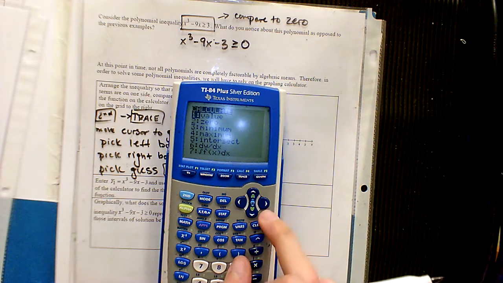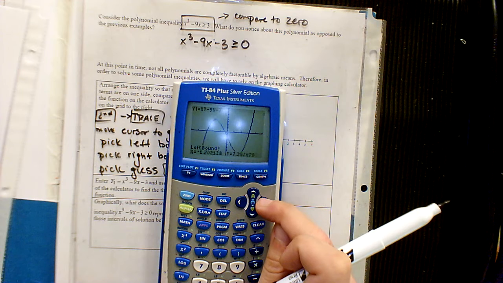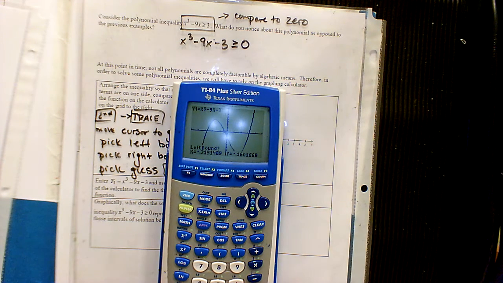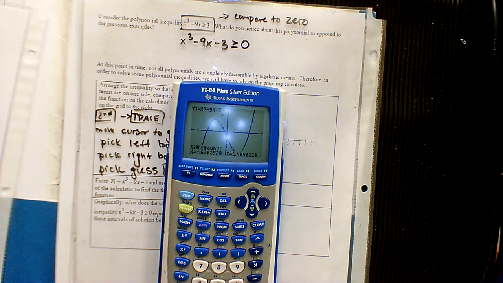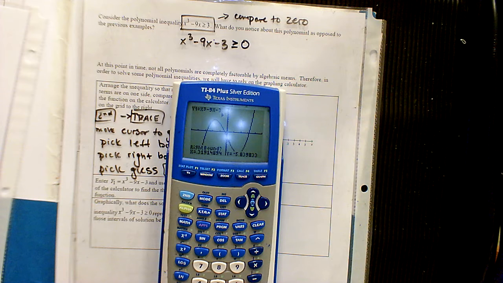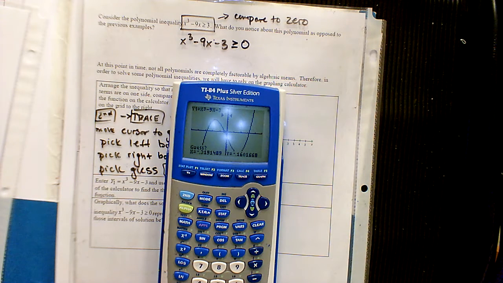So repeat it. We'll go second trace, number 2. Move the cursor to where you think it is. We'll do left a few times, hit enter. We'll do right a few times, hit enter, go back to where you think it is, enter.